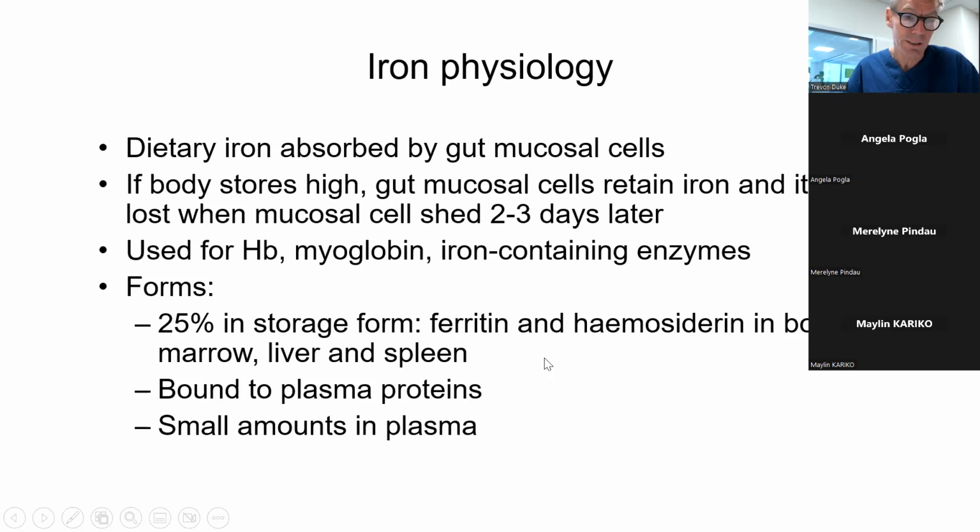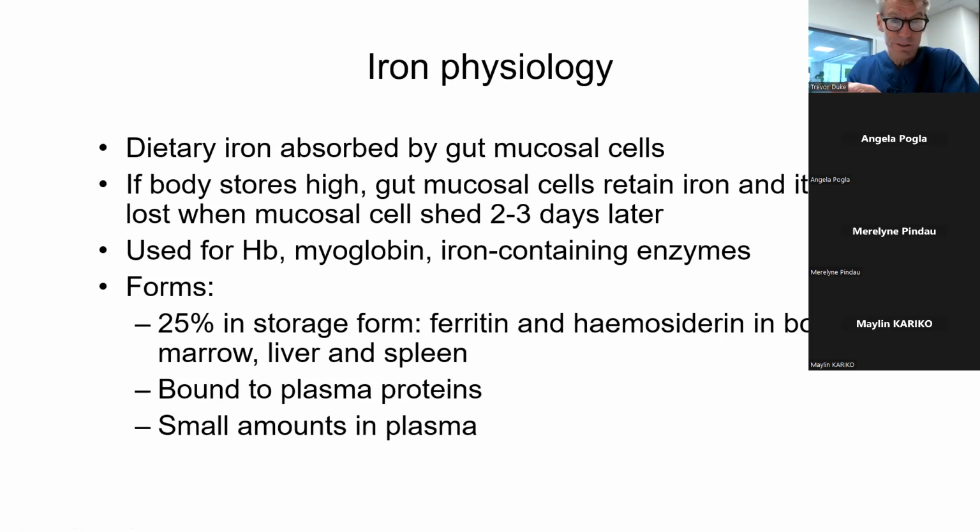And sometimes mostly the ferritin and also what's called the total iron binding capacity, which is the amount of plasma proteins that are not bound to iron yet, which tells you if there's a high total iron binding capacity, it means there's not much iron circulating.